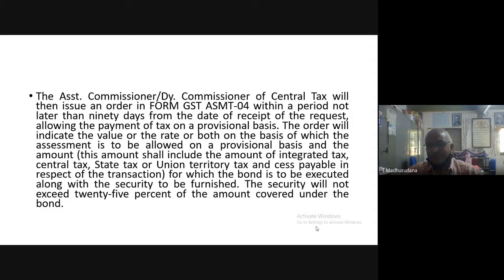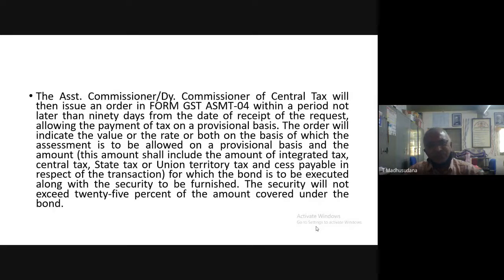Like that, the supplier has to execute a bond, a security bond, and the process will continue. The order will indicate the value or the rate or both, on the basis of which the assessment is to be allowed on a provisional basis, and the amount for which the bond is to be executed along with the security to be furnished.